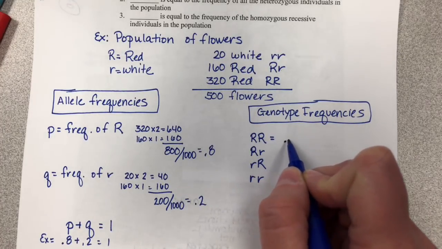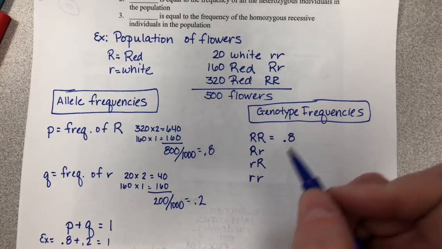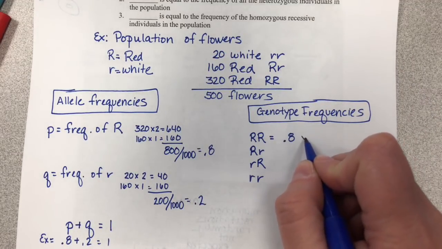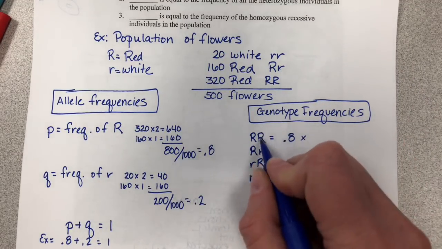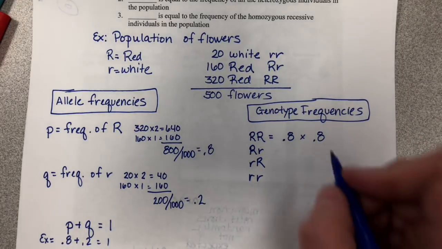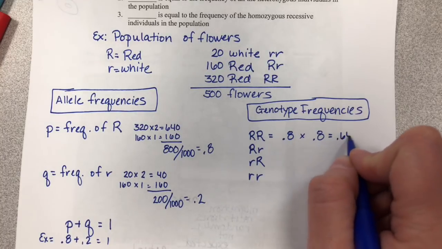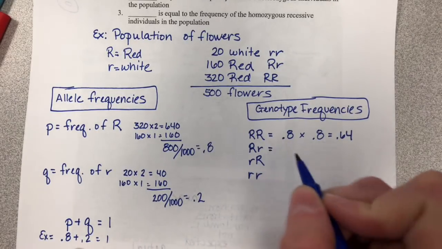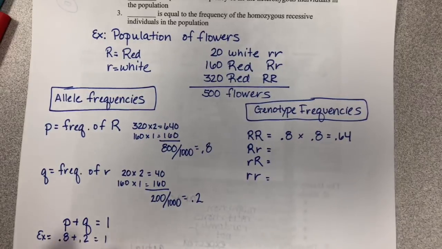So 0.8 times 0.8 is 0.64. That means that based upon these frequencies, we would expect 64% of the population to be big R, big R.